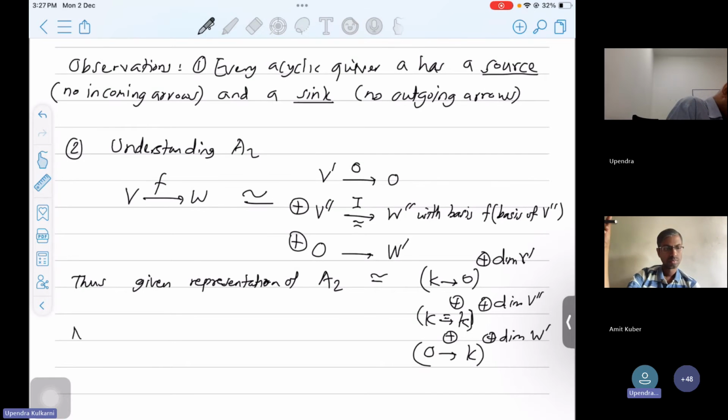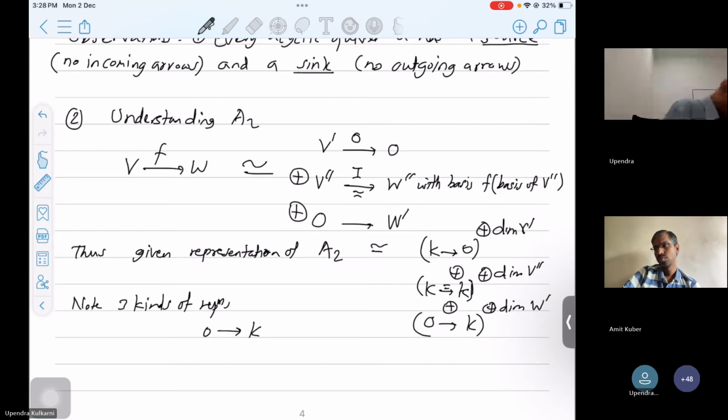So note, 3 kinds of representations: 0 to k, k to k, where the map is identity, so I'm just going to write equal to, and the last one is k to 0.